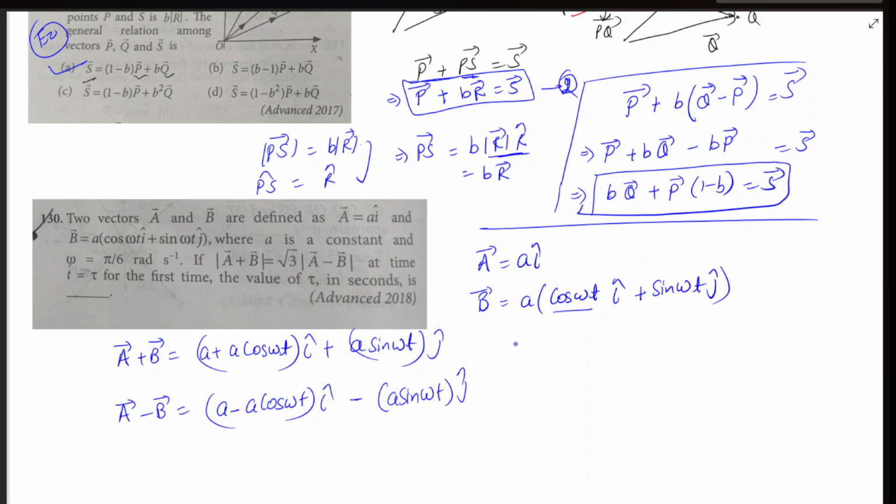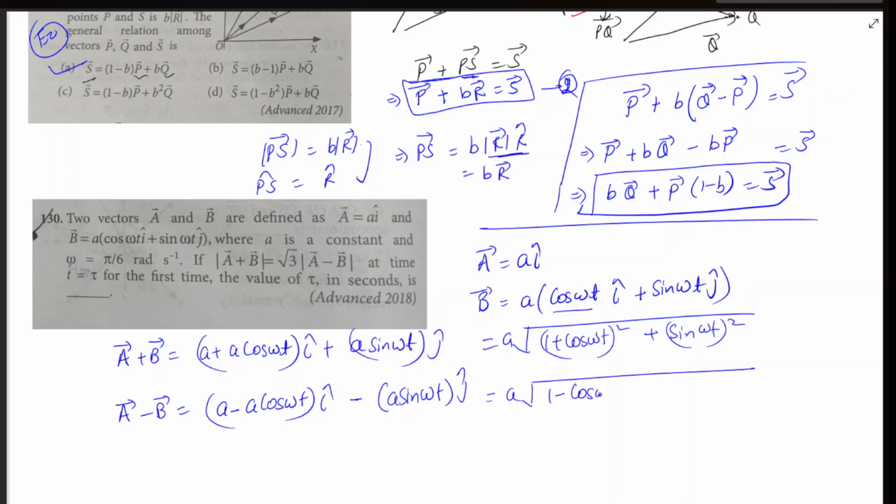Now let's find the magnitude of both of these. It will be under root, so a I can take common. It will be the square root of 1 plus cos omega t whole square plus sine omega t square, and for the other, a again I can take common, 1 minus cos omega t whole square plus sine omega t square, right?